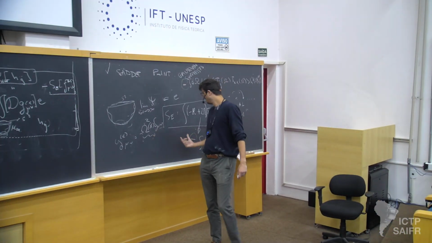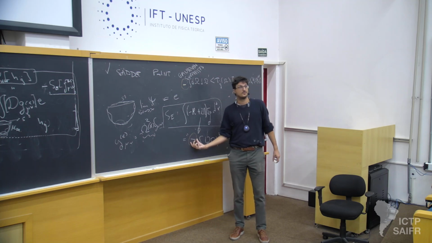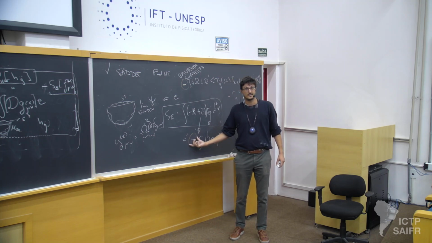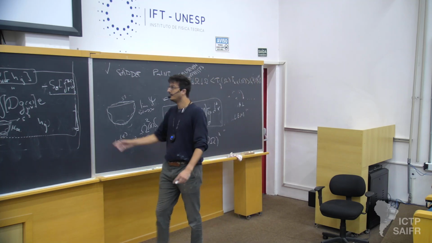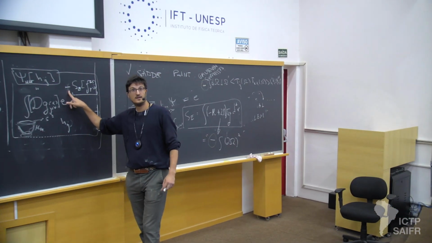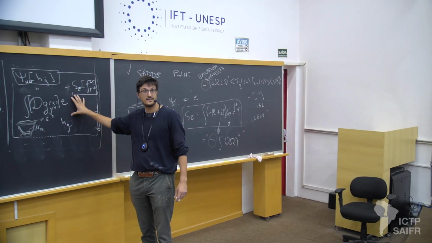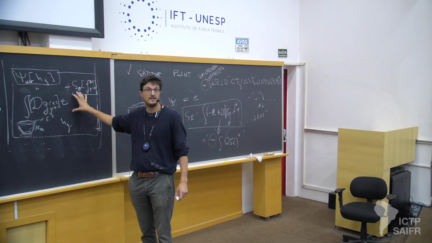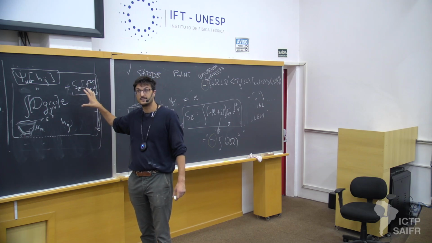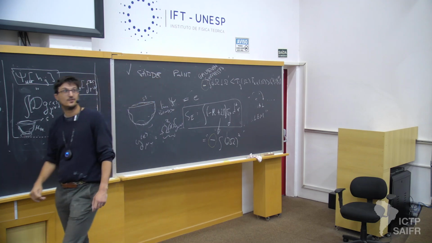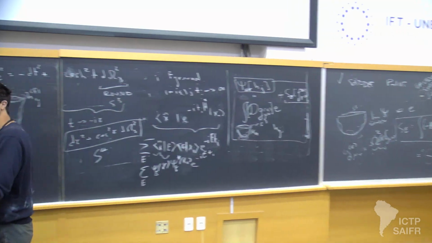Over here, it means that if we are to do Euclidean gravity, we have to confront the fact that this has to be understood in some formal sense. Because the answer to this path integral, if you take it literally, is infinity. So that's an important point to emphasize.